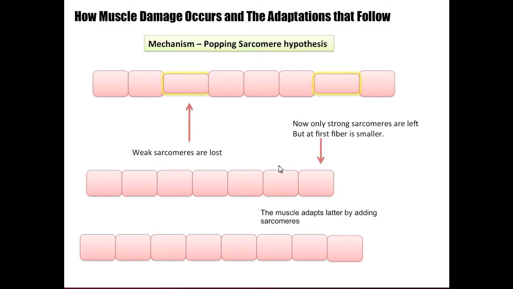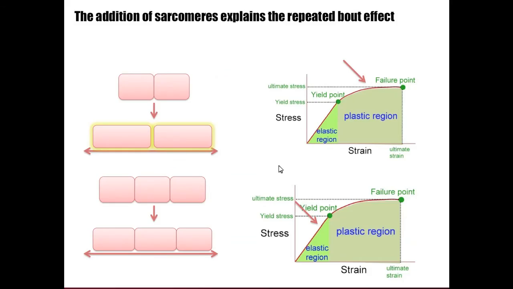Then the next adaptation that happens, you add sarcomeres. So now all of them are strong, but the addition of sarcomeres is very important to prevent against damage. Why? Think of your typical stress-strain relationship, right? You have stress, you have a plastic point and a failure point, which is where we have the popping sarcomeres.